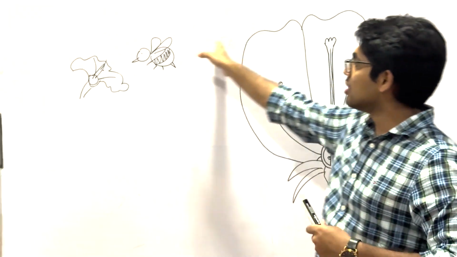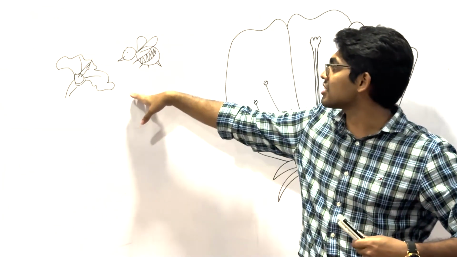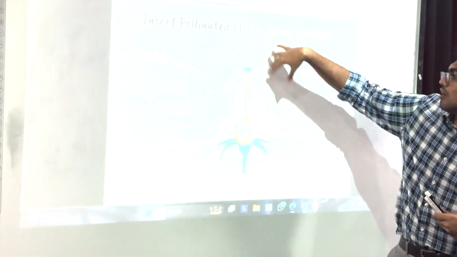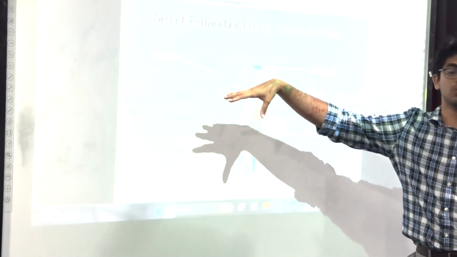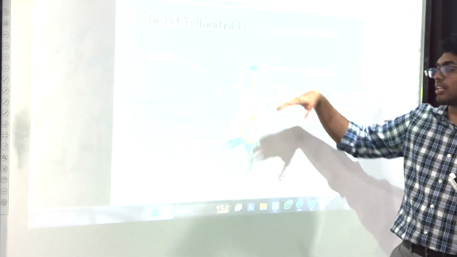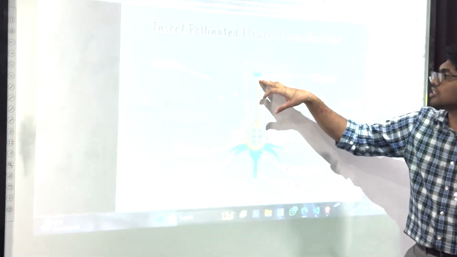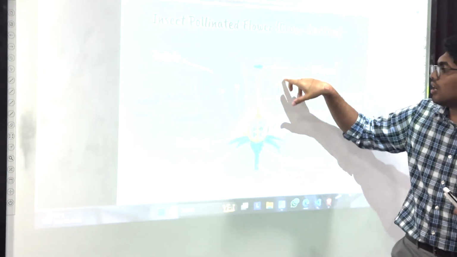When this bee comes and drinks nectar, or whatever insect you prefer, the pollen gets attached to its body. It's sticky, and the bee doesn't stay there. It goes around the flowers drinking nectar. So the pollen gets transferred to the stigma. Here we have the stigma. The pollen gets into the stigma.